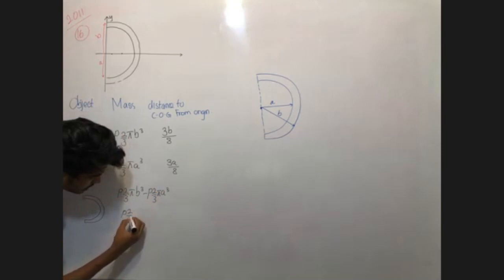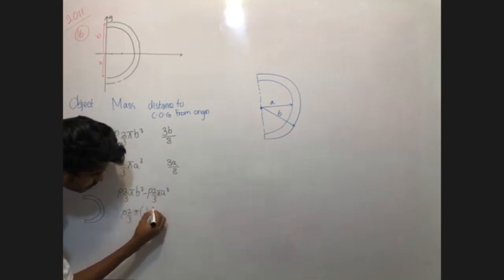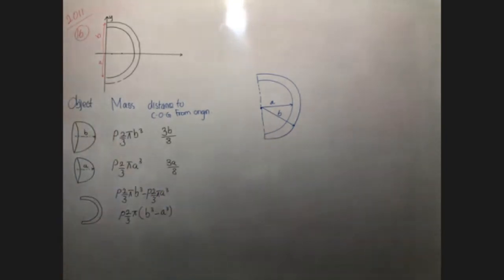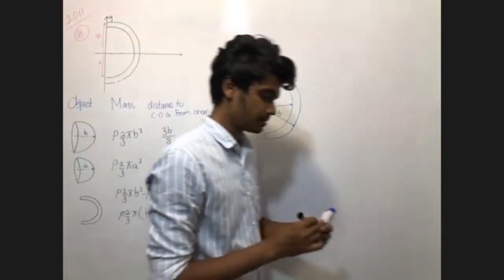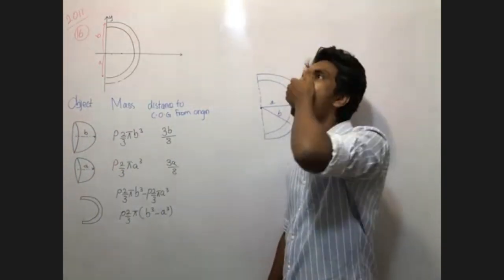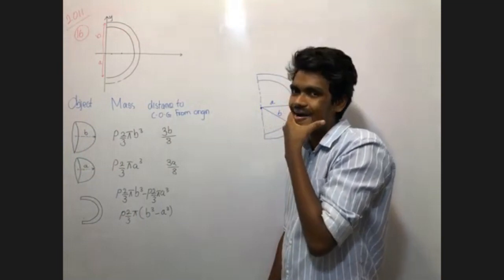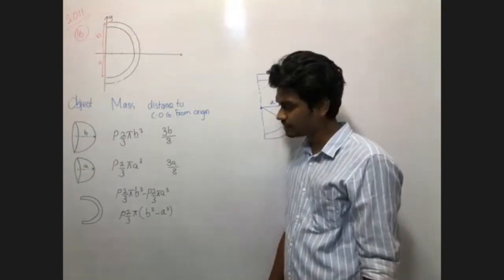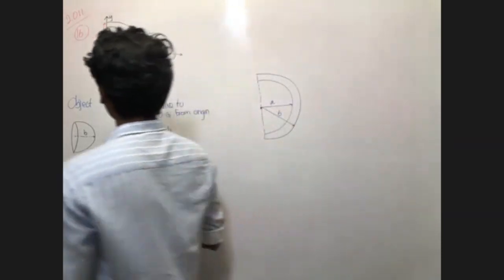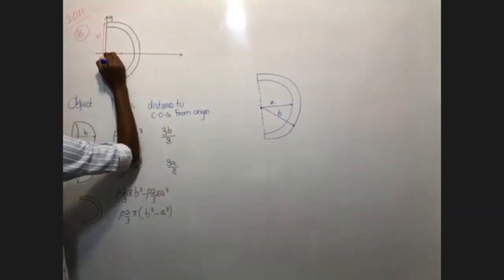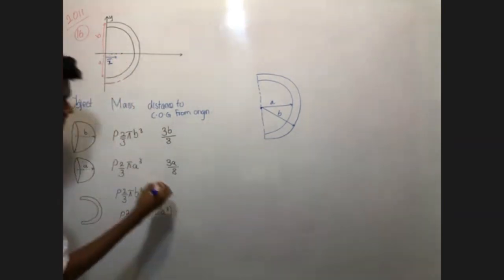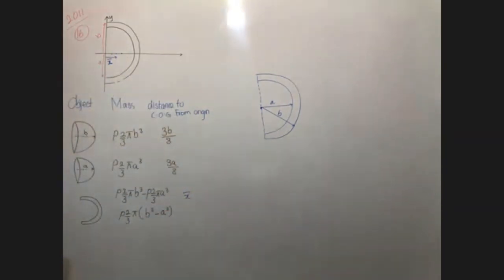Rho 2/3 pi, B cube minus A cube. Right. So where is the center of gravity? Center of gravity is at x bar, somewhere here maybe.